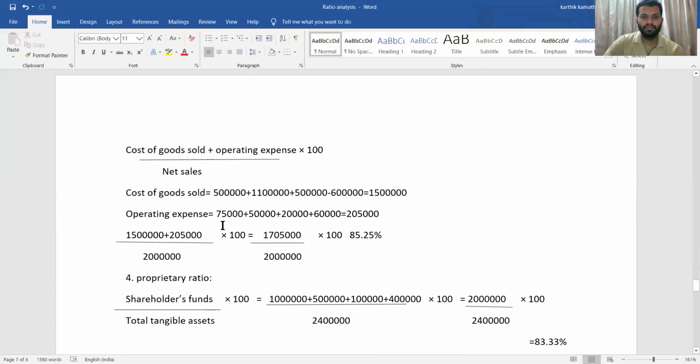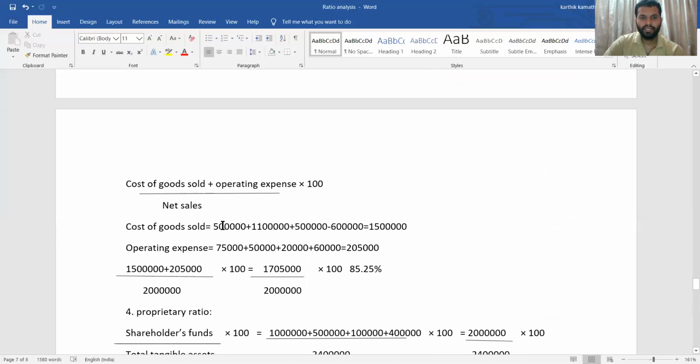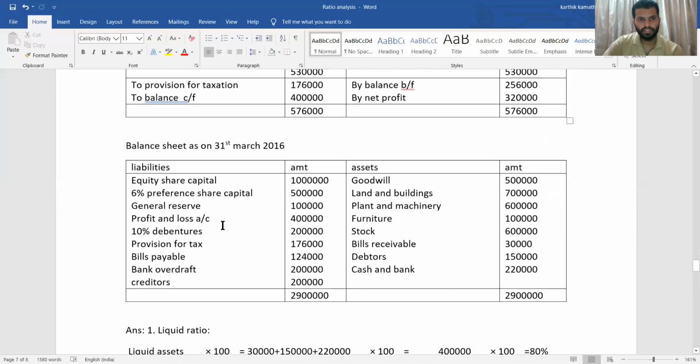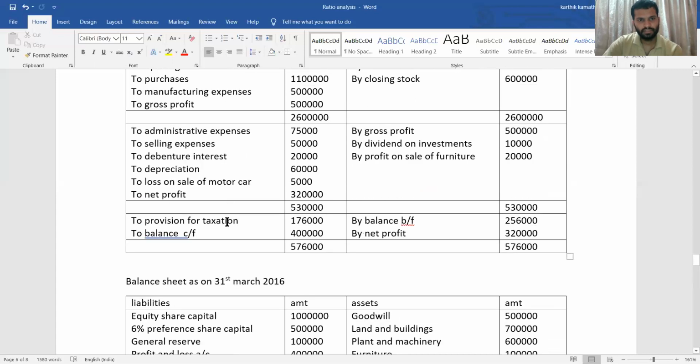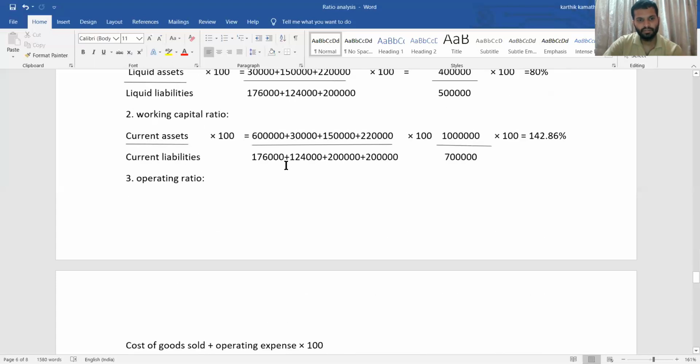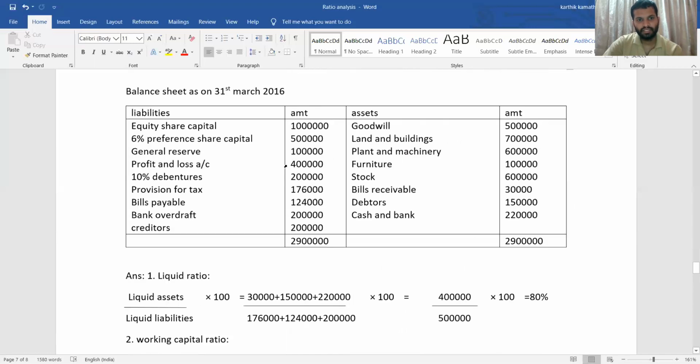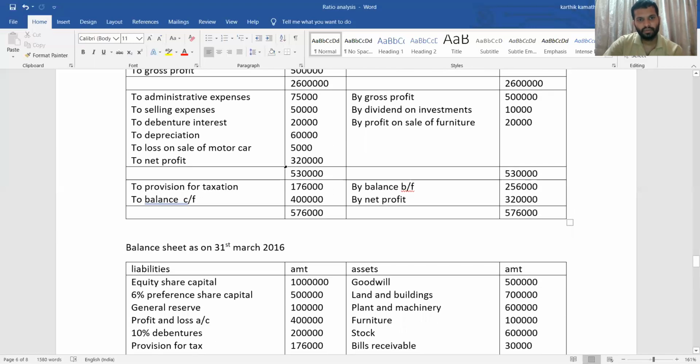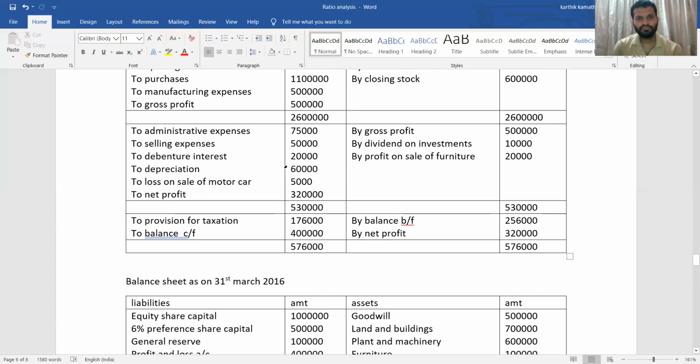Operating expenses. What all is included in operating expenses for day-to-day operation? Administrative expenses 75,000 plus selling expenses 50,000. Then what about debenture interest and depreciation? Debenture interest and depreciation are also included as operating expenses. So debenture interest 20,000 you need to add, and depreciation is also an operating expense, that is 60,000.